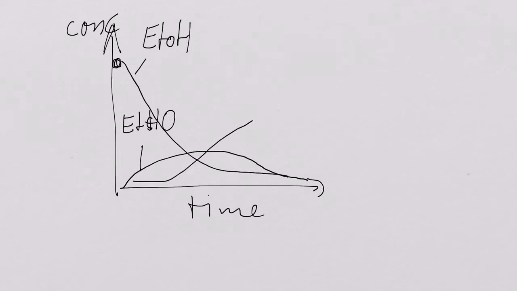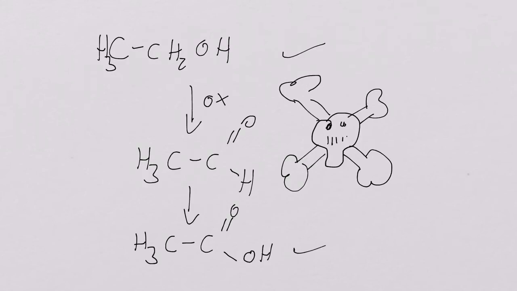And here you've got your concentration for acetic acid. This is simply because the enzyme that catalyzes this mechanism here from the acetaldehyde to the acetic acid is very efficient. So it keeps the concentration of the acetaldehyde low. Yeah, that makes sense?